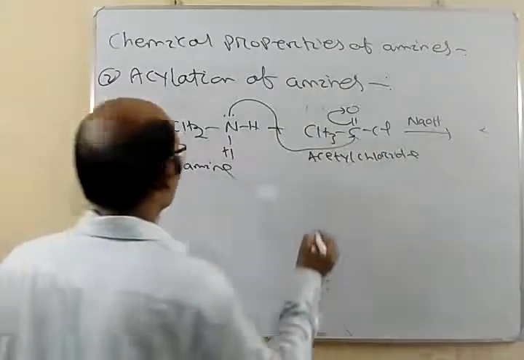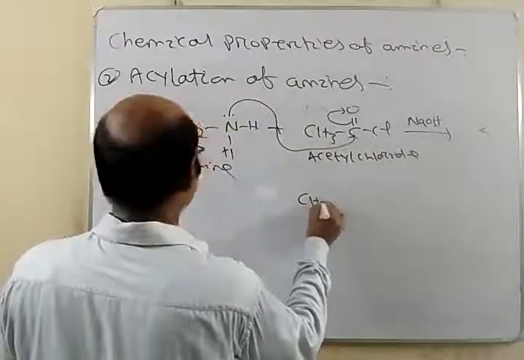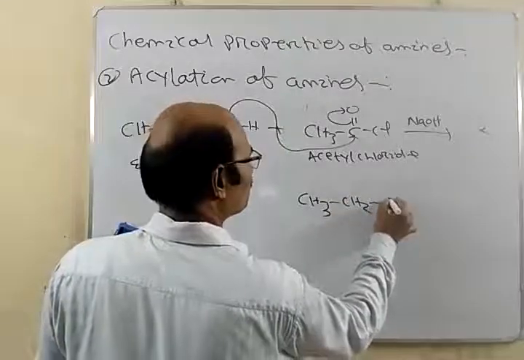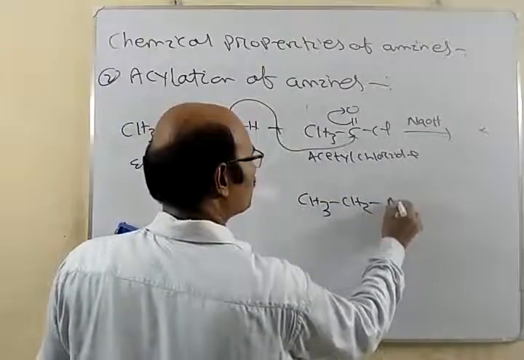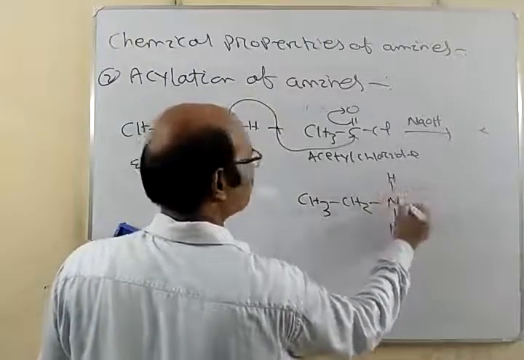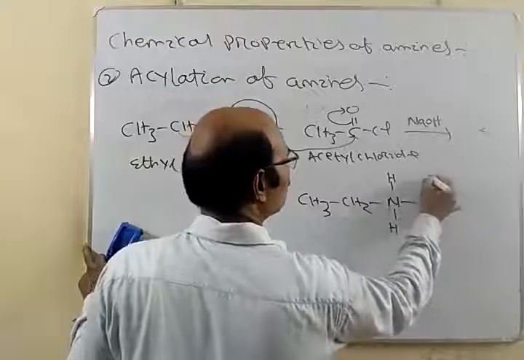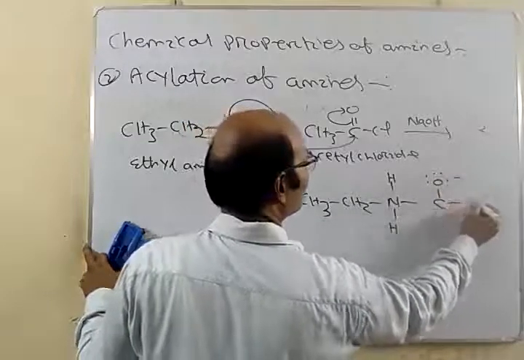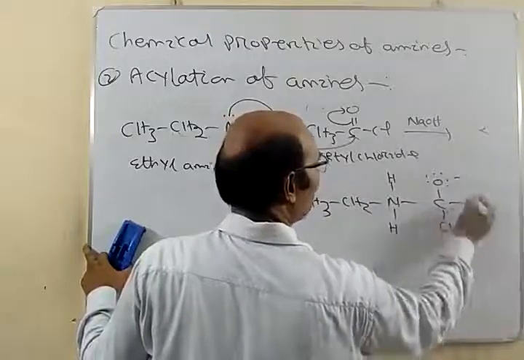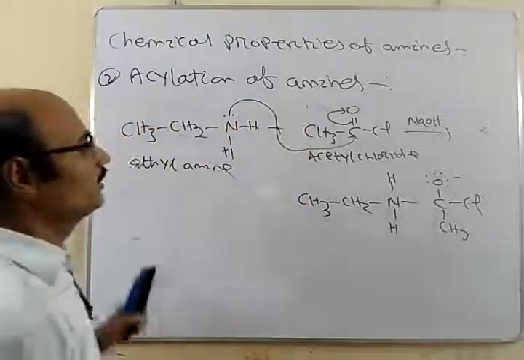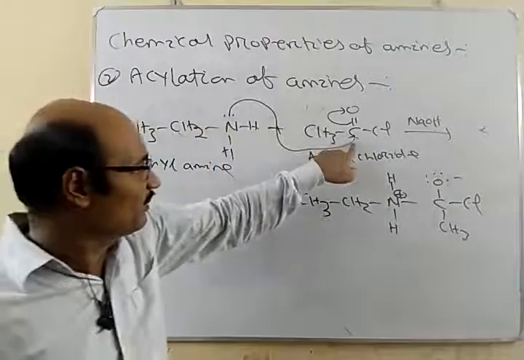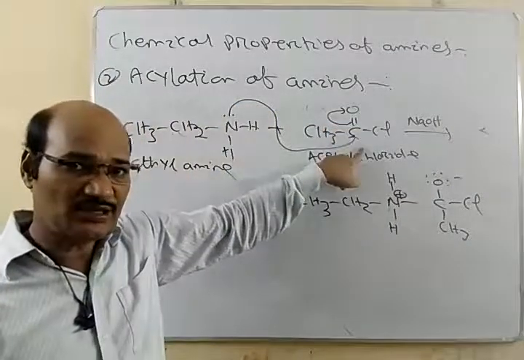So we will get CH3CH2NH, C, O, CH3, Cl, plus. So this carbon becomes plus by breaking this pi bond.